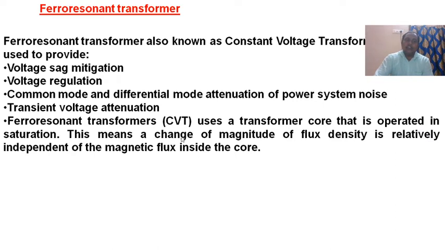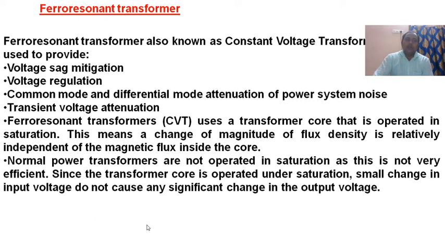This means a change of magnitude of flux density is relatively independent of the magnetic flux inside the core. Normally power transformers are not operated in saturation, as this is not very efficient. A transformer whose core is operated under saturation condition is called the constant voltage transformer.